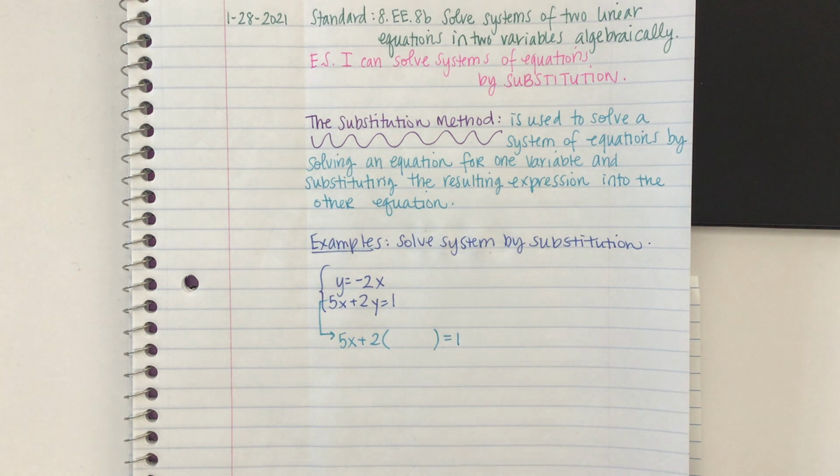So if you think about it in terms of real life, let's say I am absent one day, but we still need a teacher, so they call in a substitute to replace the teacher that is absent. This is kind of the same thing. We have two equations and we are substituting one of the equations into the other one to help out.